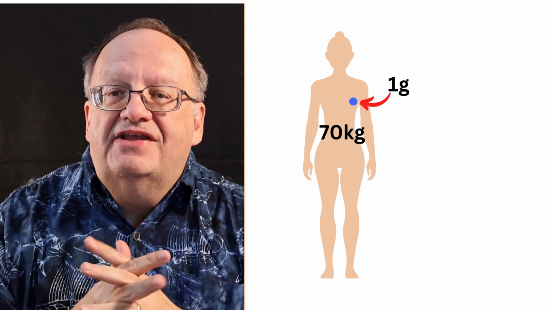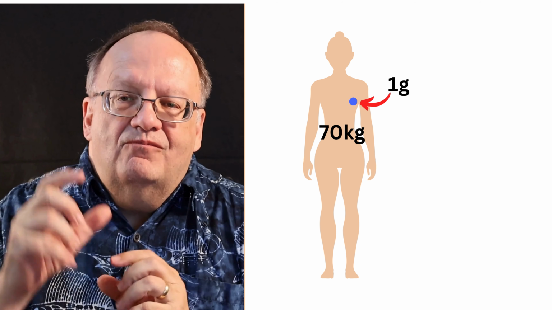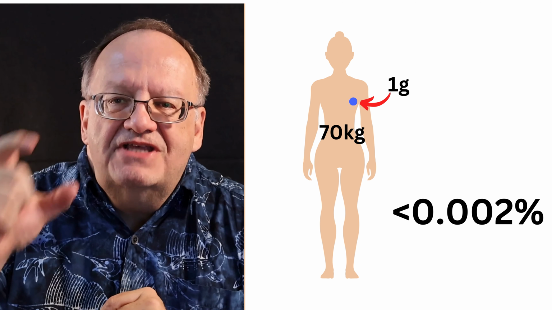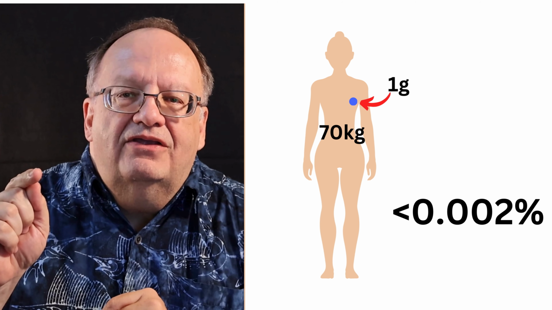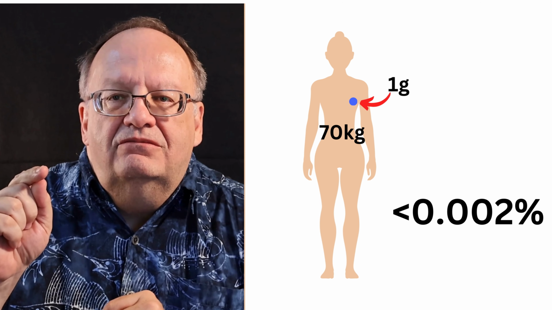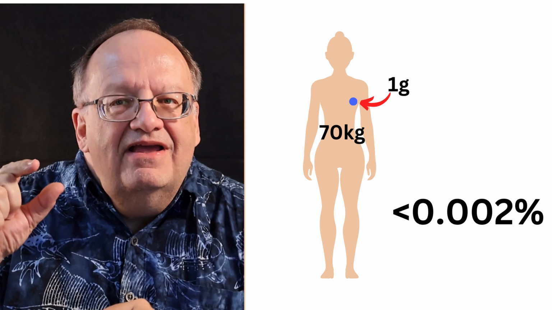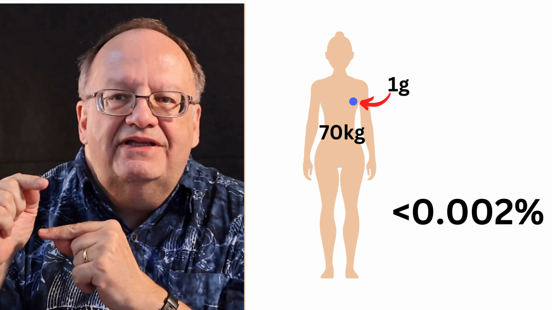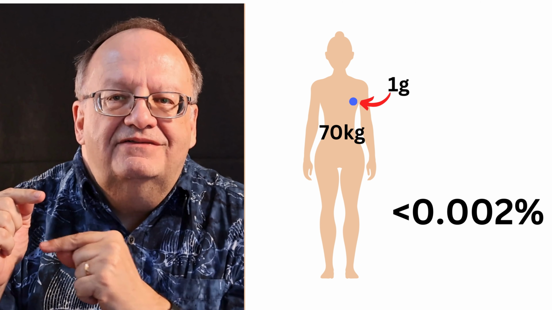So if we're trying to detect this by taking blood serum samples, we've got 1/70,000th, or 0.002%, of that blood sample containing molecules from this tumor. Now, that's a rough estimate, but basically that is not going to be in the big abundances. That's going to be in the little abundances.